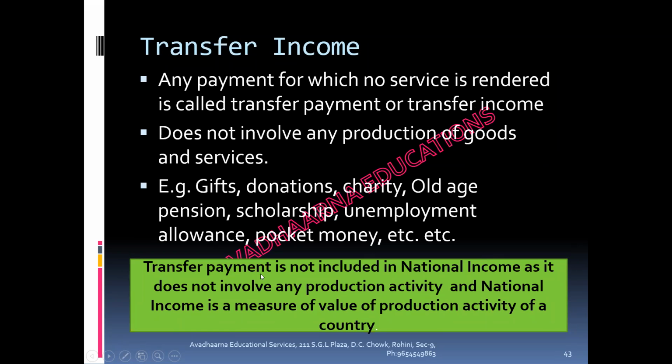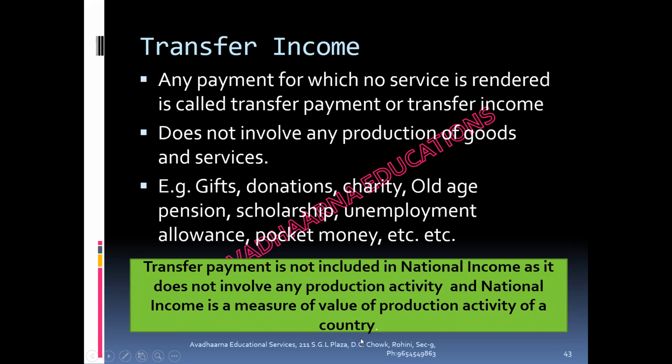Transfer payment is not included in national income. ट्रांसफर पेमेंट को हम नेशनल इनकम में इंक्लूड नहीं करते हैं. रीजन, क्यों इंक्लूड नहीं करते? Because transfer payment is not an earned income. Fine, transfer income and transfer payment is not an earned income as it does not involve any production activity, and national income is a measure of the value of production activity of the country.